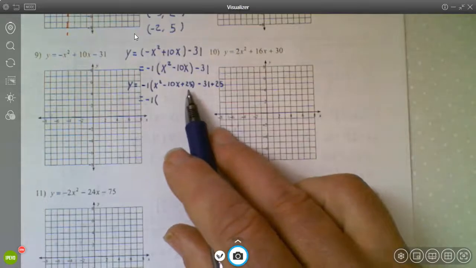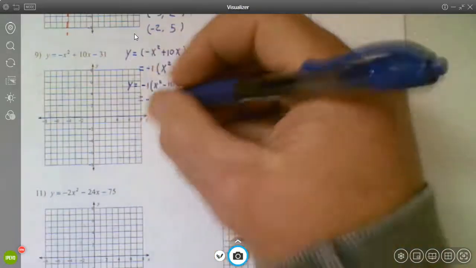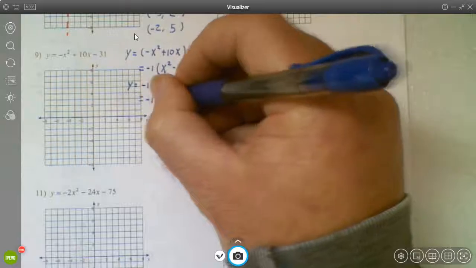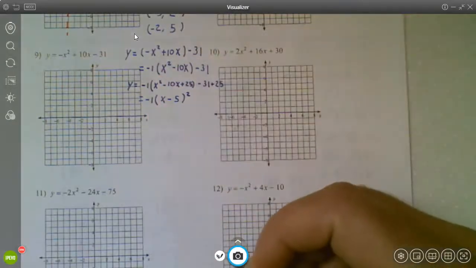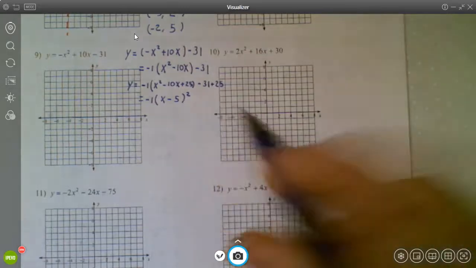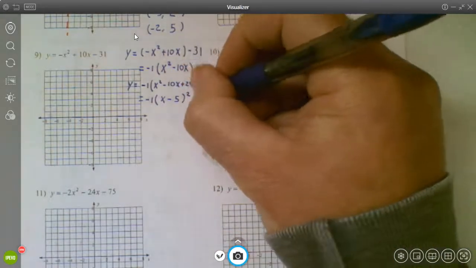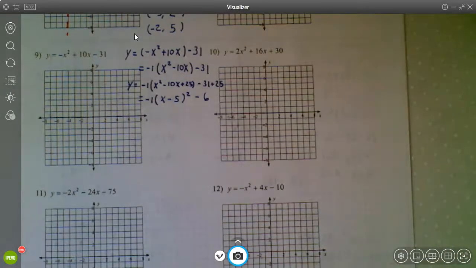And we know that would be negative 5 times negative 5, which we can write as x minus 5 squared. Right here I have negative 31 plus 25, which is negative 6. And that's it. So that is now in vertex form.